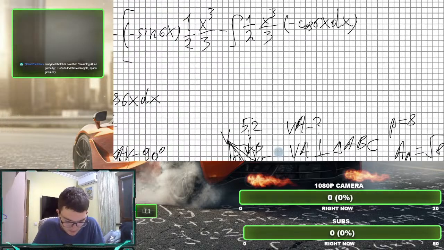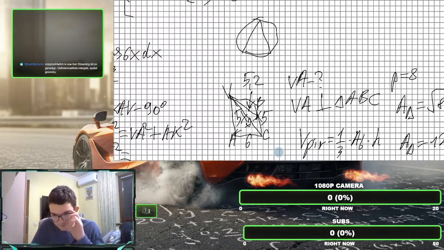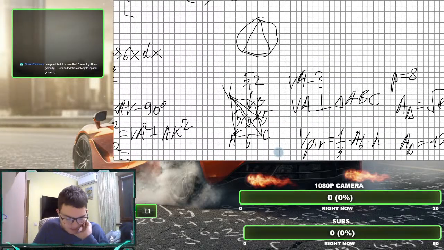If I write a circle like this on the base, does that help me with anything? Maybe it does.